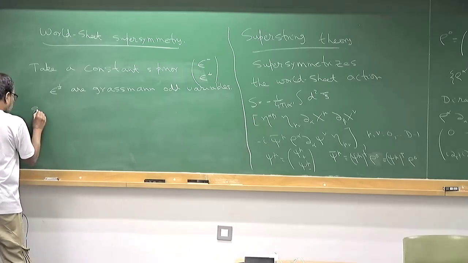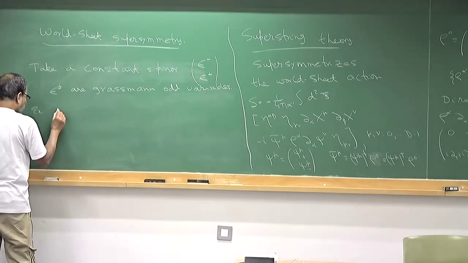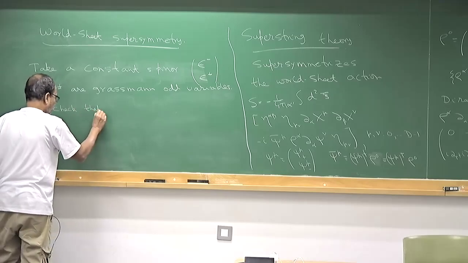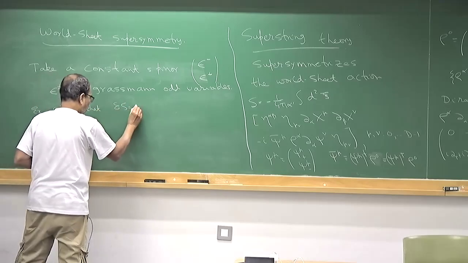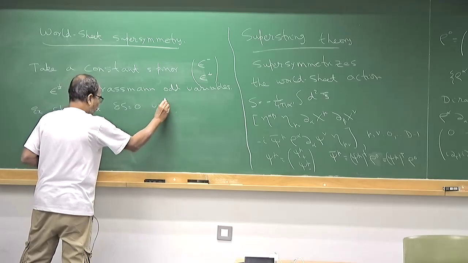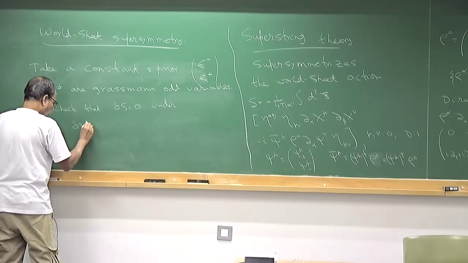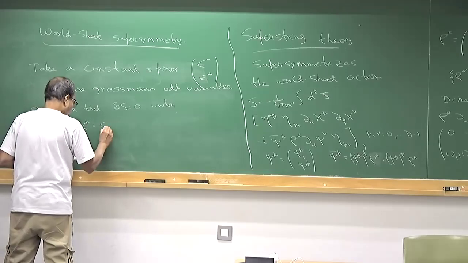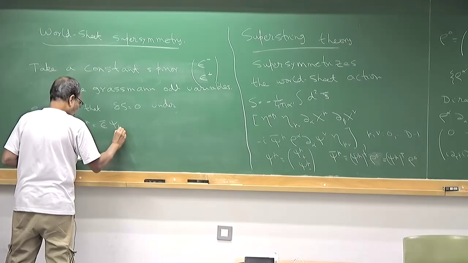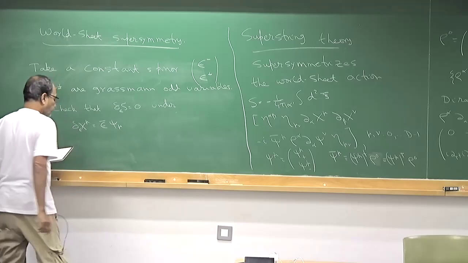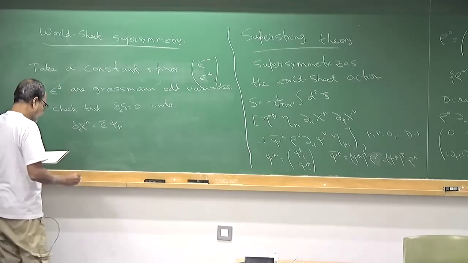Exercise: check delta S equal to 0 under the following transformation. Let me write an epsilon symbol because this is an infinitesimal parameter.